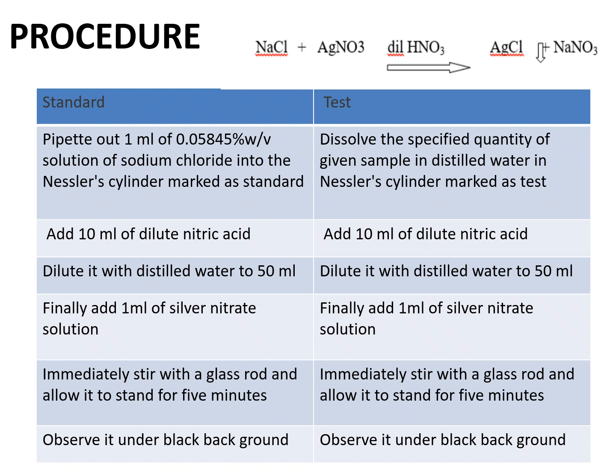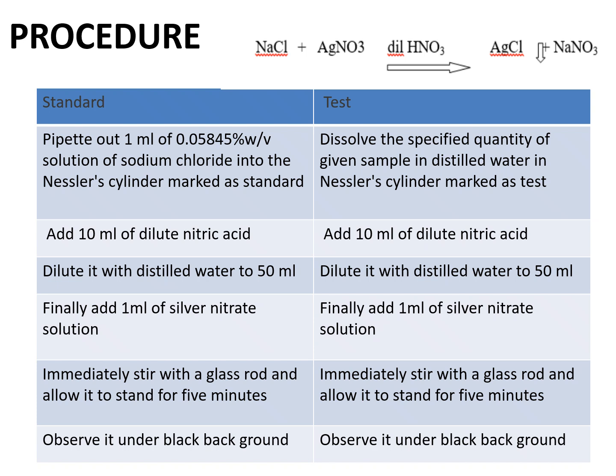In the standard, pipette out 1 ml of sodium chloride solution, that is 0.05845% weight by volume sodium chloride. And in the test apparatus, we need a specified quantity of the given sample.